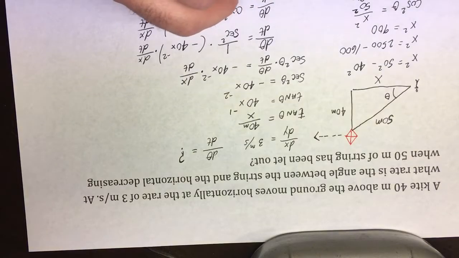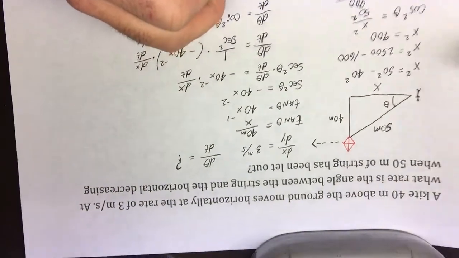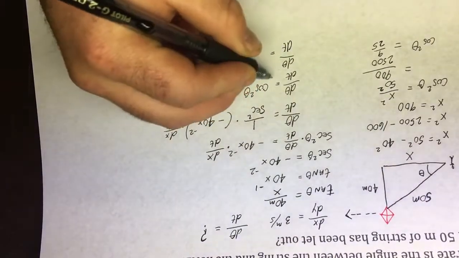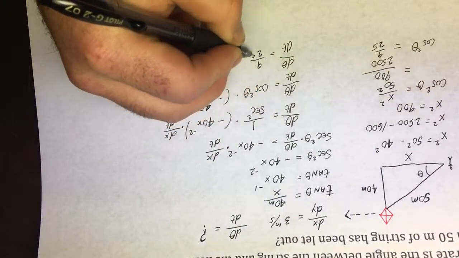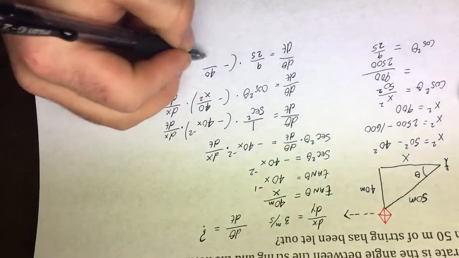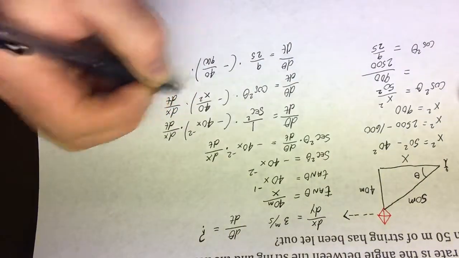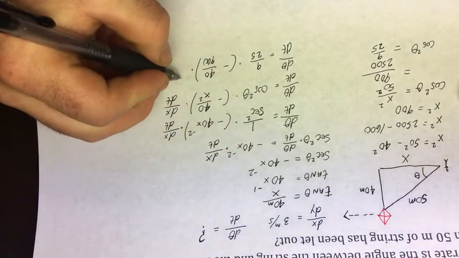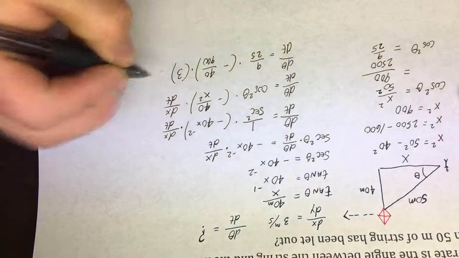d theta over dt equals cosine squared, 9 over 25, times negative 40 over x squared, which is 900, and now dx over dt we can get from our previous work, which was given to us, which is just 3.